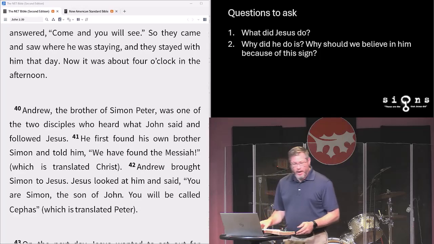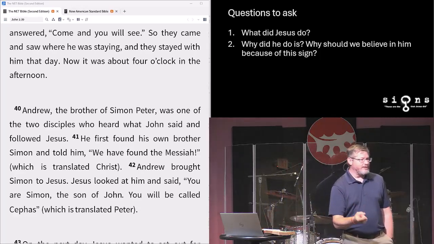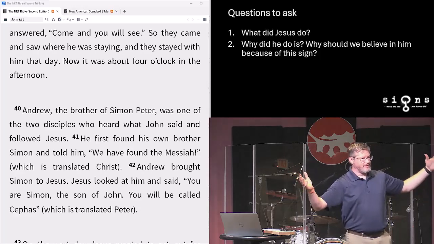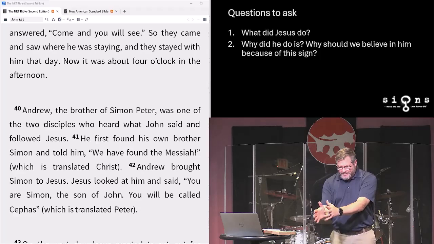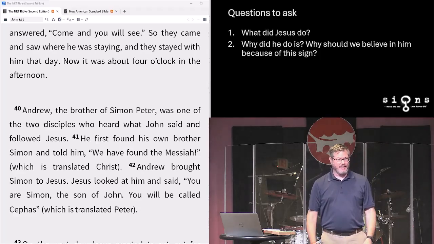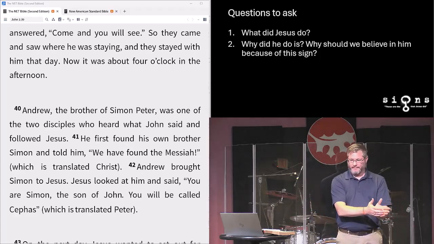Now, we know one of these guys was Andrew. Andrew was originally a follower of John the Baptist, not a follower of Jesus. He didn't just pop up as a disciple of Jesus. He was already following John. He was already listening. He was already waiting for the Messiah. And when John said, "There he is," Andrew said, "No hard feelings, but I'm going this direction."